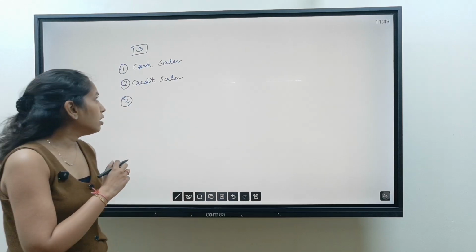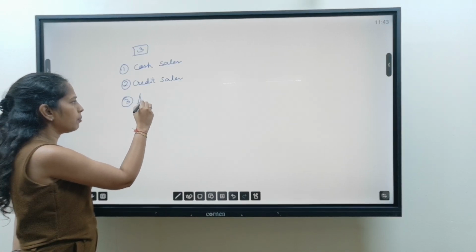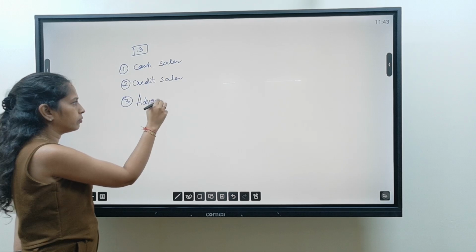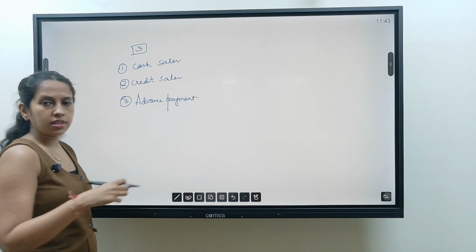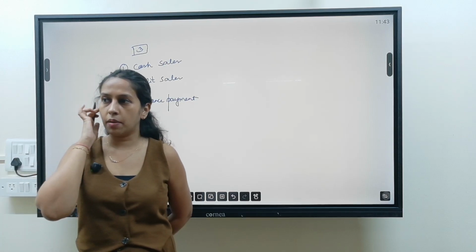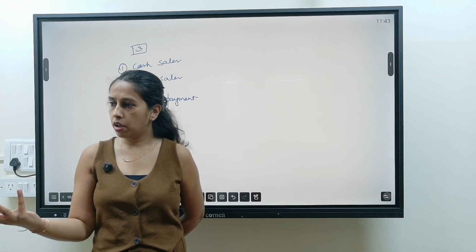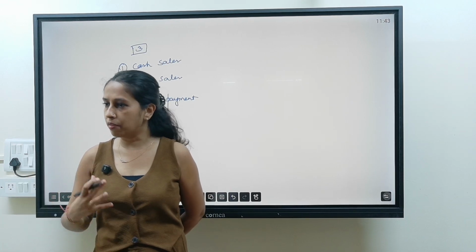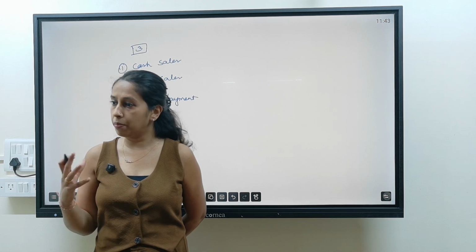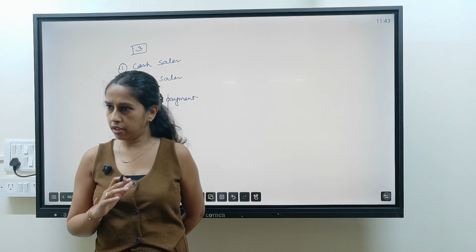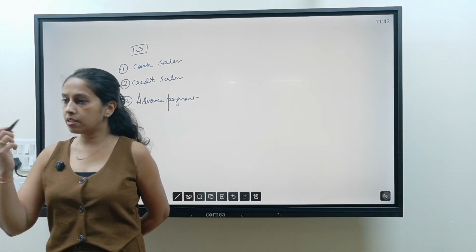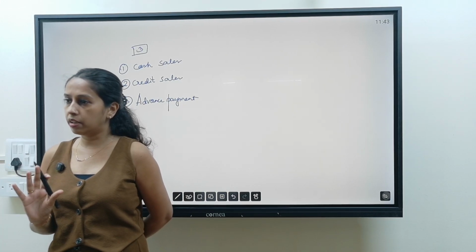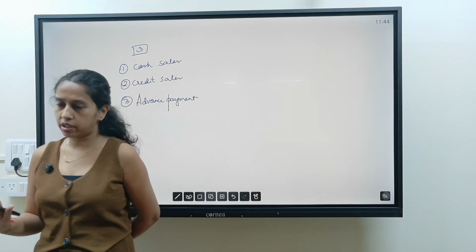And the other one is advance payment. For the contract you've given the seller to deliver 10 units of laptop, he will ask you, sir, make me some advance payment so that I'm sure that you will buy this from me. So these are the three different ways in which the seller is getting revenue, is doing sales.